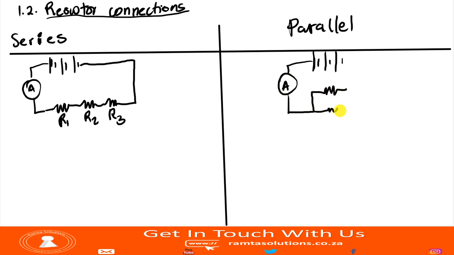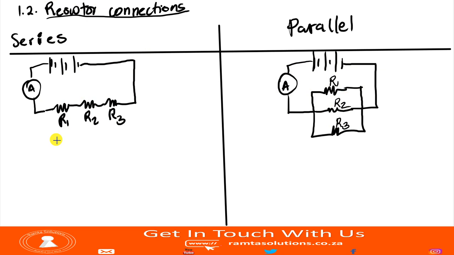Okay, so now let's sort it out. This is your R1, this is your R2, and this is your R3.